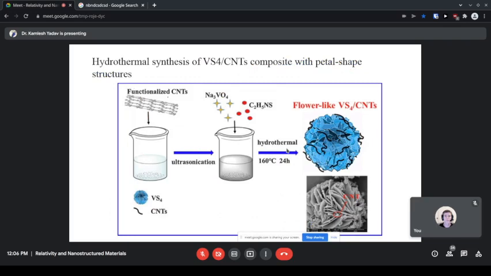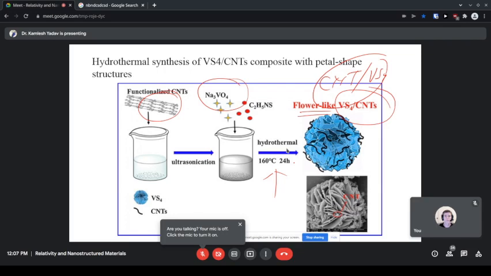Or you can use CNT, that is carbon nanotube, take the precursor of vanadium oxide and apply the hydrothermal method, and we can obtain a flower-like nanocomposite of CNT with vanadium oxide. This is a flower-like structure.